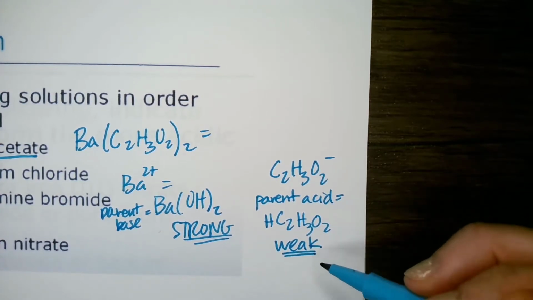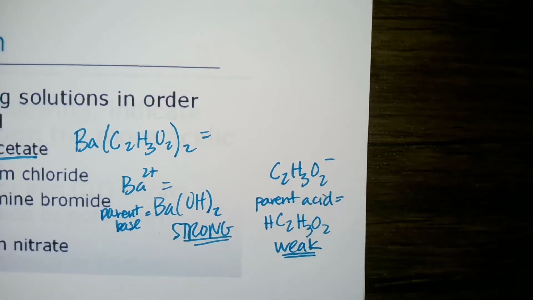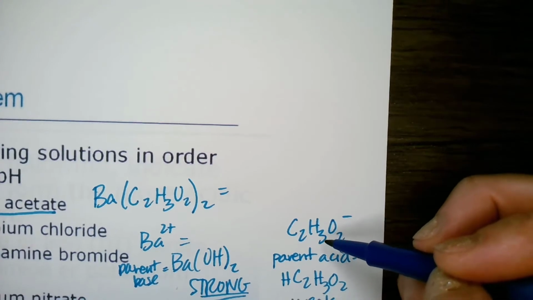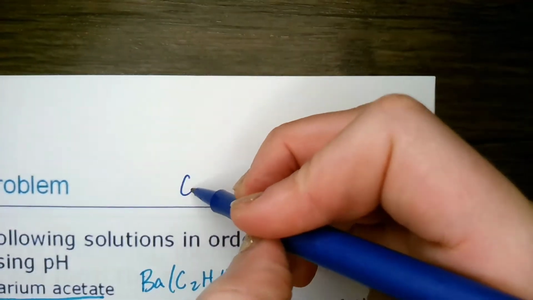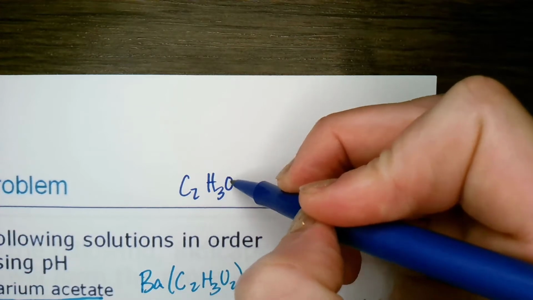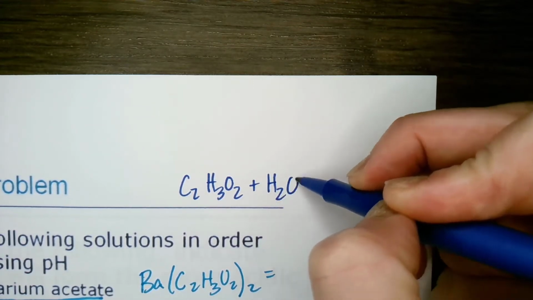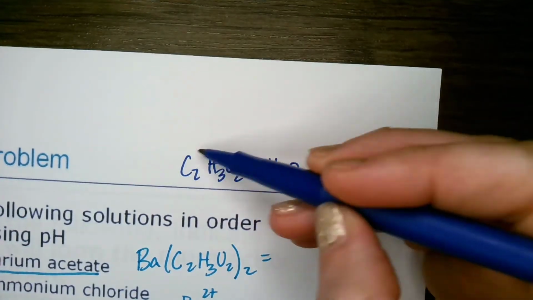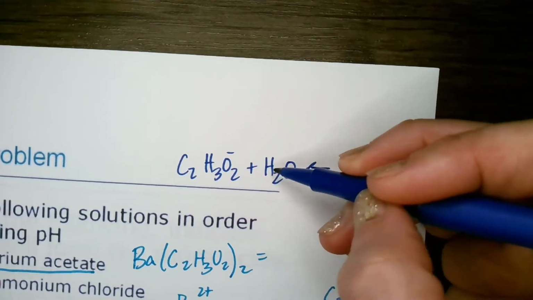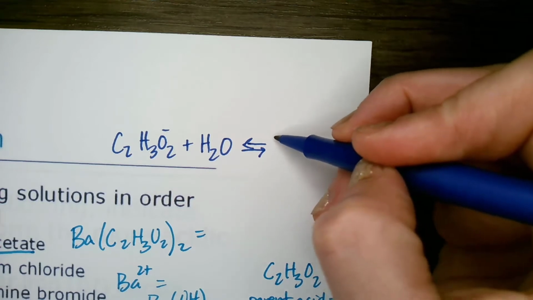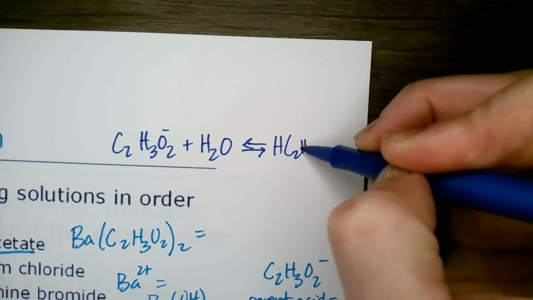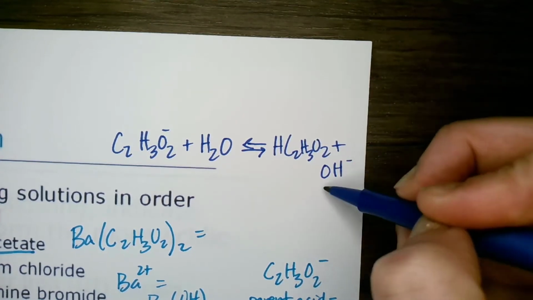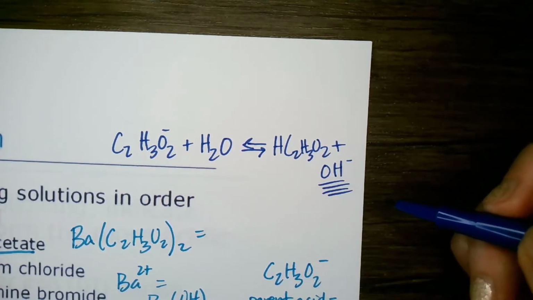It will undergo hydrolysis. If you think back to what that looks like, C2H3O2 minus undergoing hydrolysis, the acetate grabs a hydrogen to make its parent acid, acetic acid, HC2H3O2, and that leaves the water with OH minus ions.